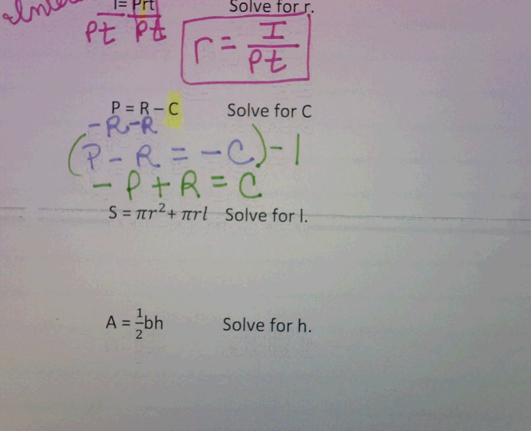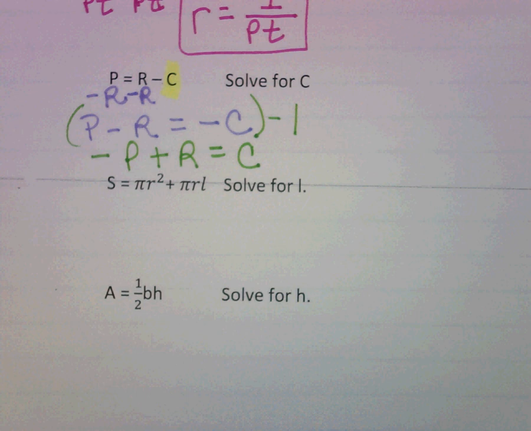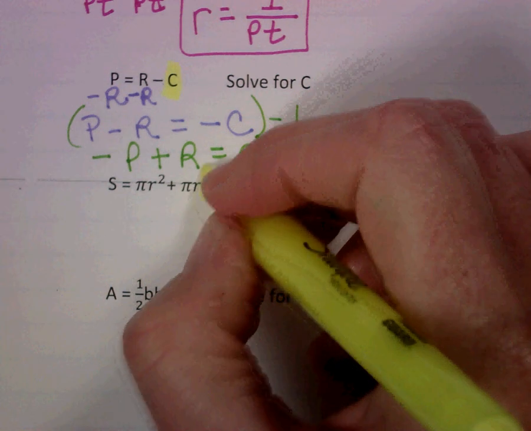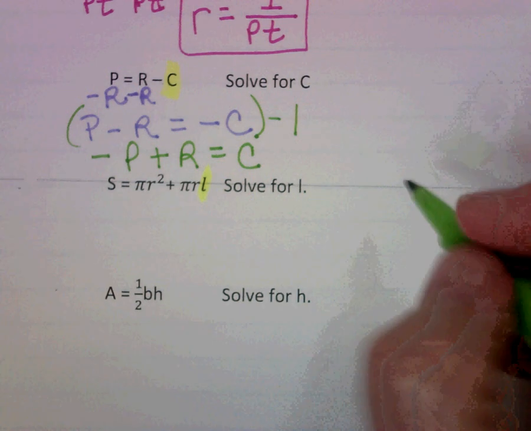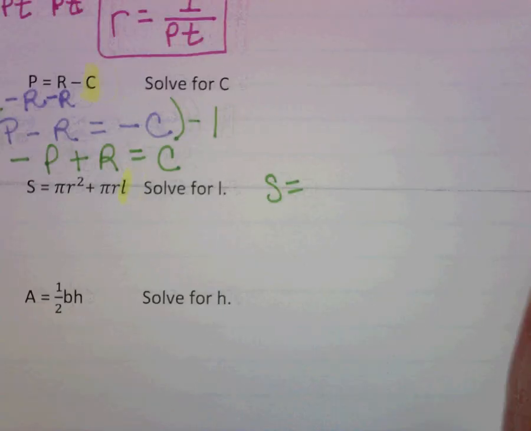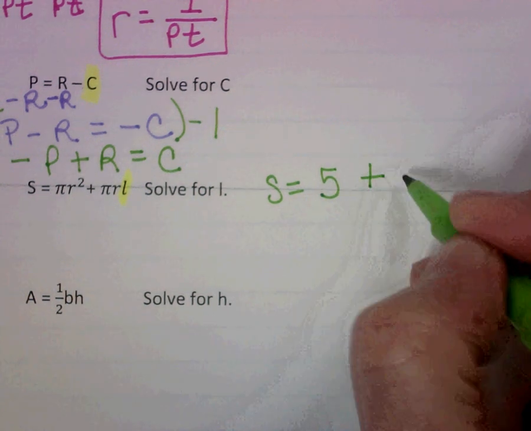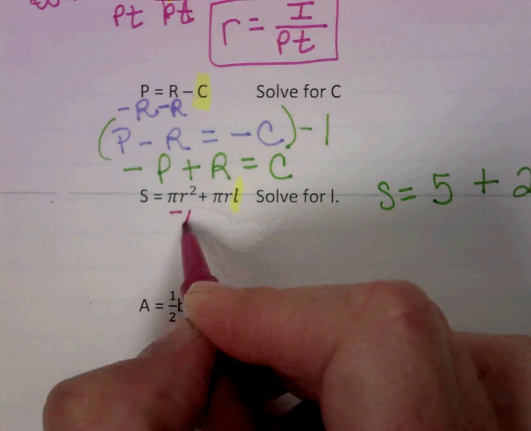Next one. This is our surface area formula for a cone, and we're going to solve for L. Now this has a little more work to it. This is kind of like a two-step equation. One way to look at this would be to think of it like S equals 5 plus 2L. We're going to do basically the same steps. We start by canceling out this pi r squared.